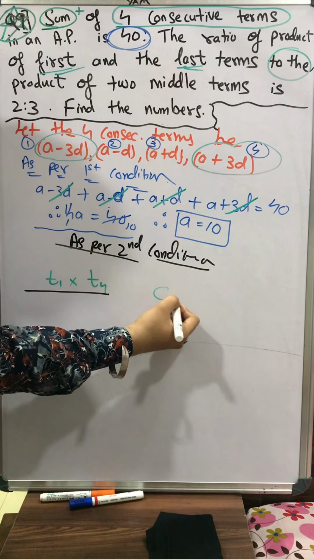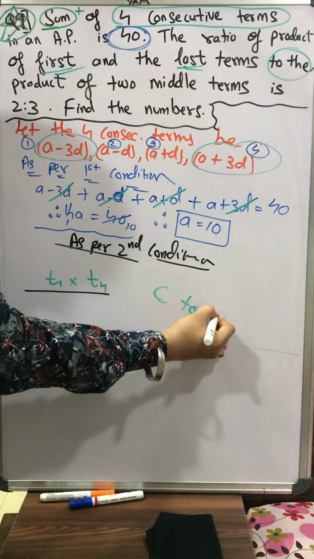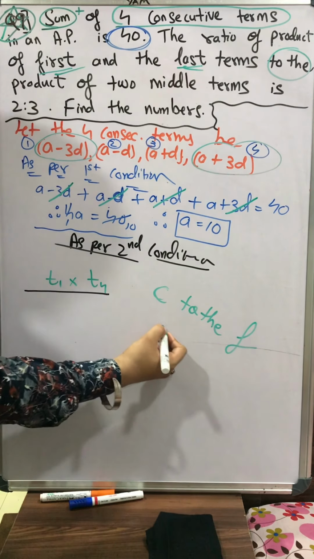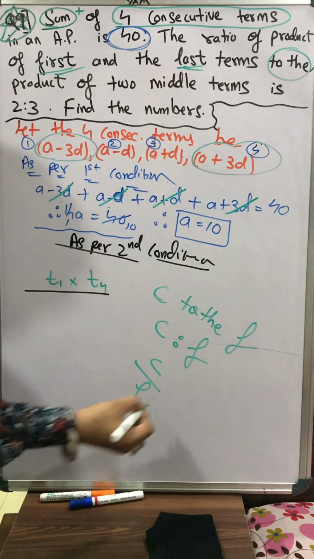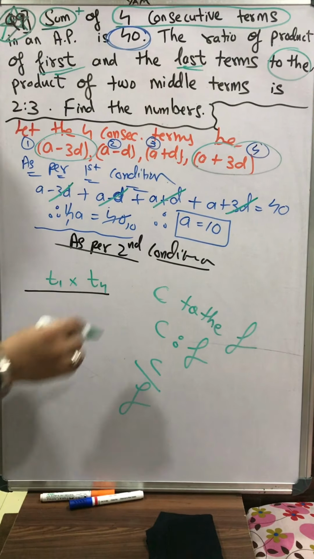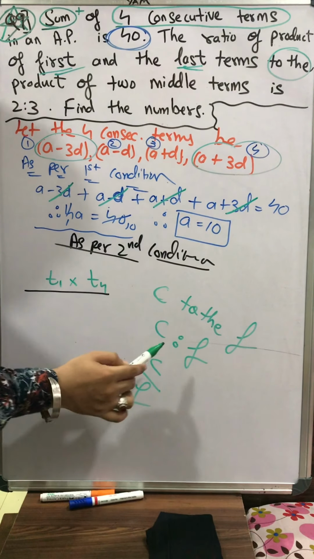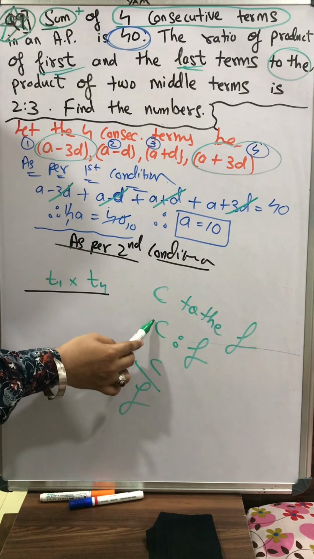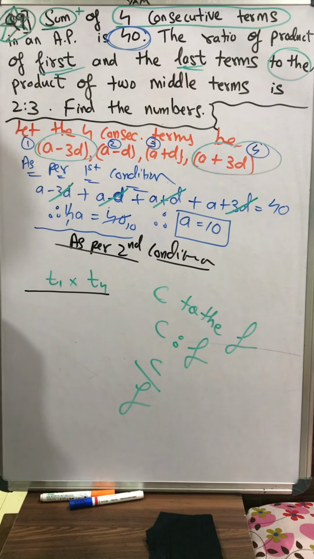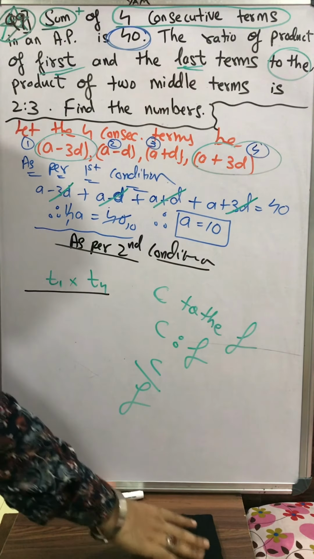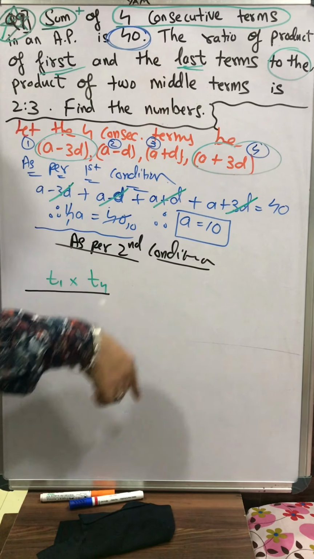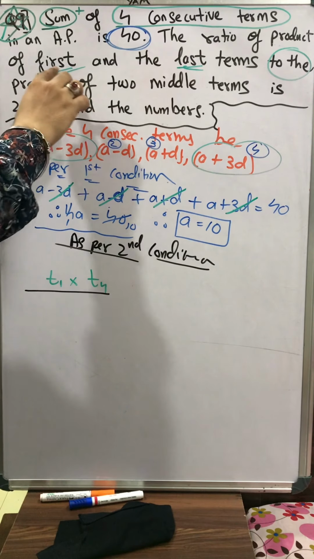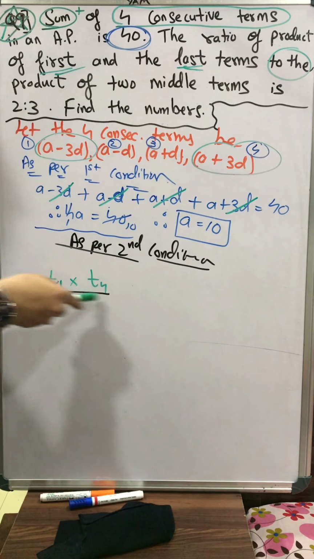If I say c to f, it will be c colon f, that is c ratio to f, which is c upon f. So here 'to' means the upon sign. You can write that in your note also.